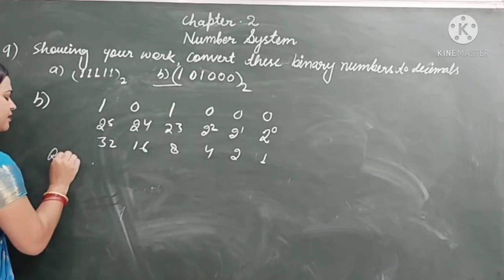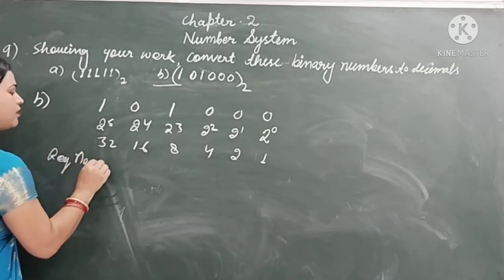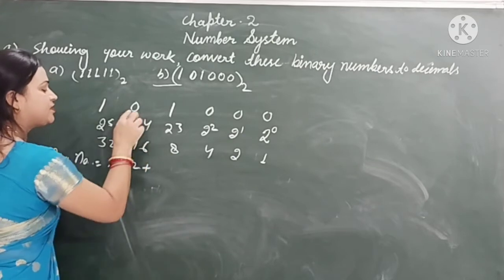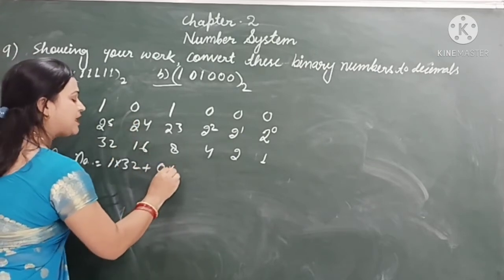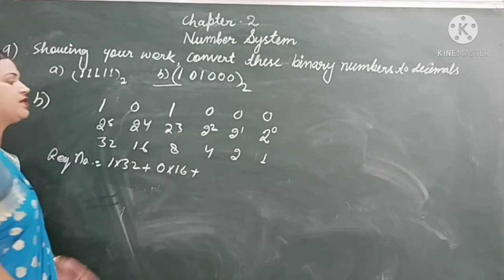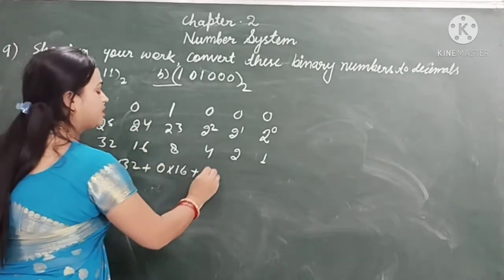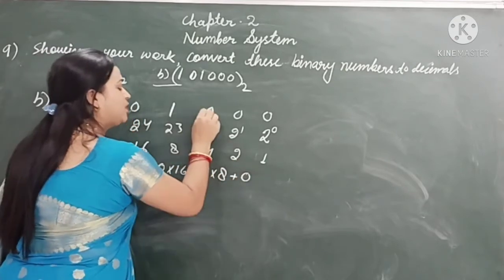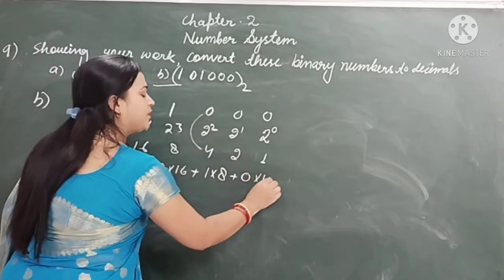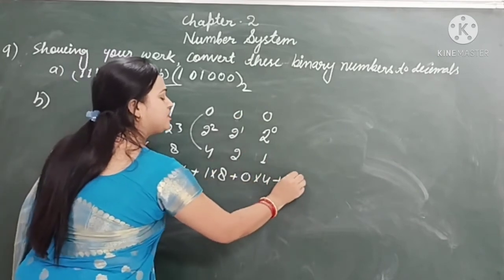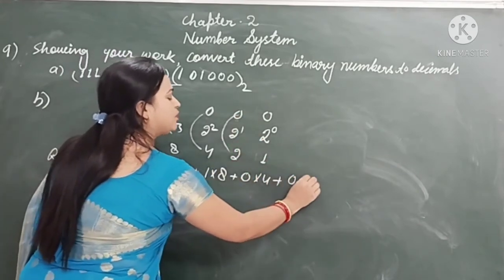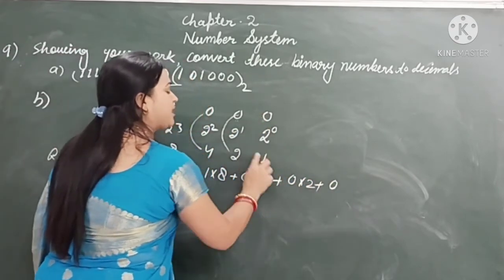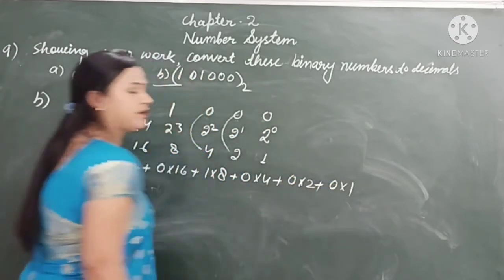Required number is 1 into 32 plus 0 into its place value, that is 16, plus 1 into 8 plus next digit 0 into its place value 4 plus next digit 0 into its place value 2 plus next digit 0 into its place value 1.